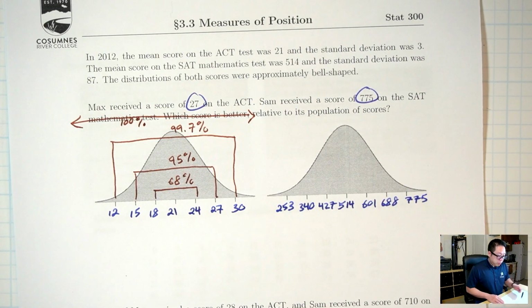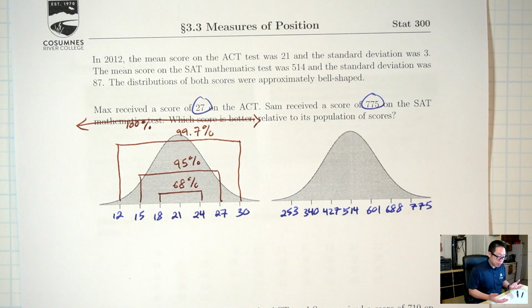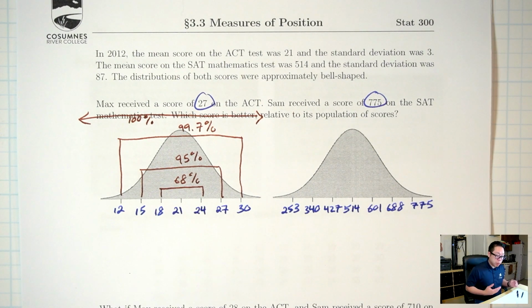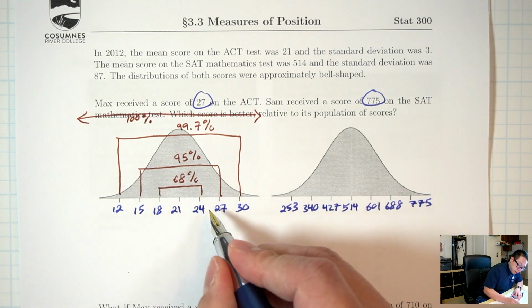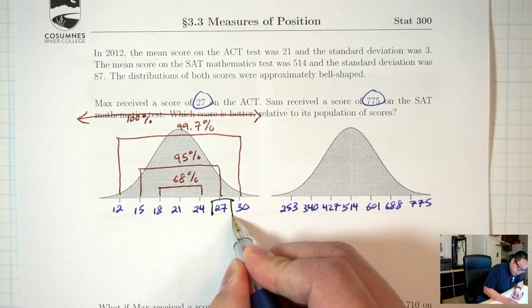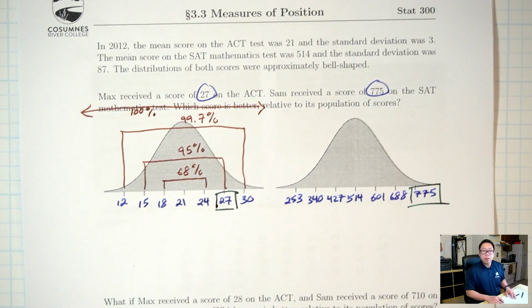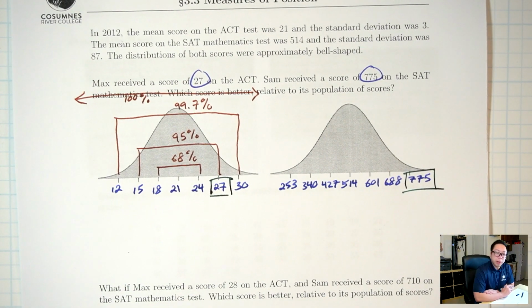Okay, so now that we have the two situations on the same picture, we can now compare. So which one is better, 27 or 775? And why? Here's 27. And here's 775. So which is better?